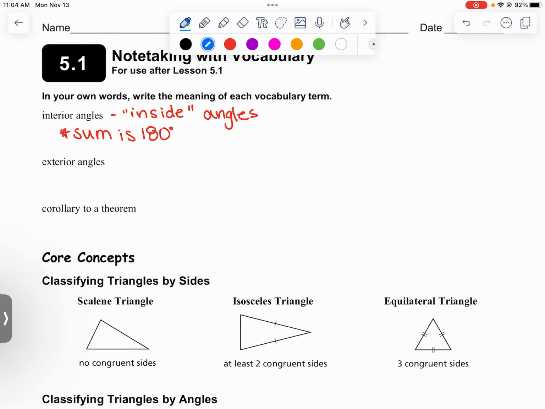All right, what do you think exterior angles are? Outside angles.